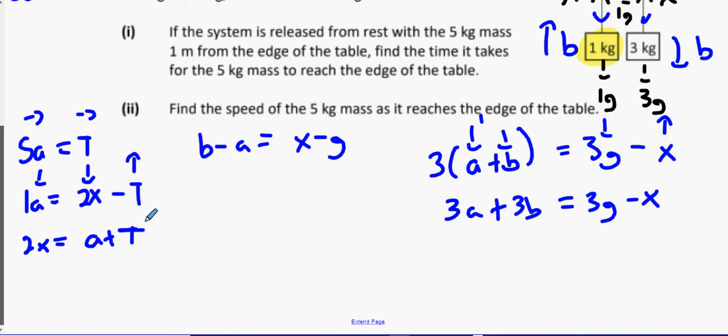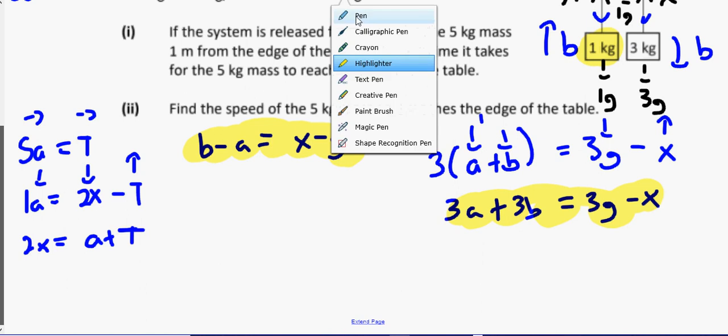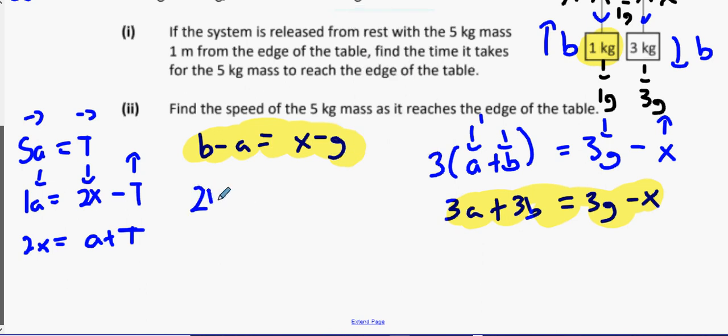Now I have two equations here, and I'd like to get rid of the x values pretty quickly. So these two equations here, I'm going to multiply them both by 2 to begin with. So 2b minus 2a equals 2x minus g.